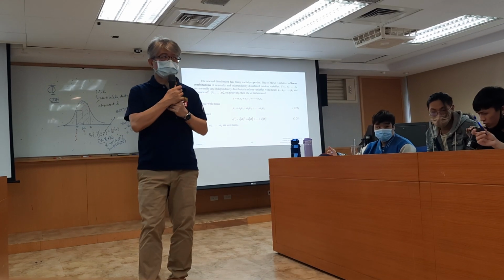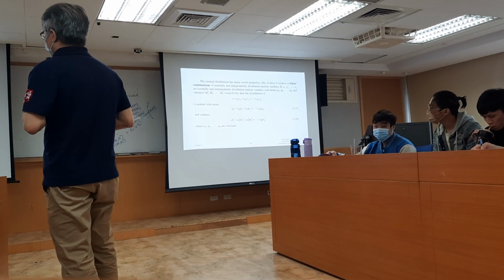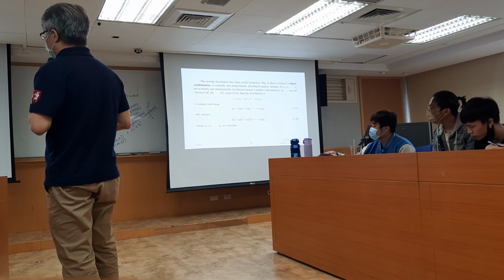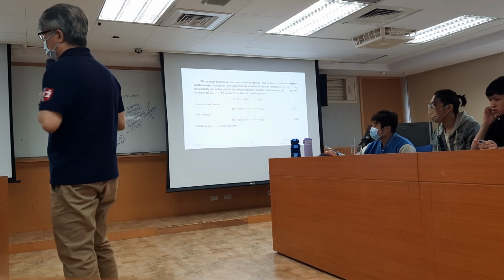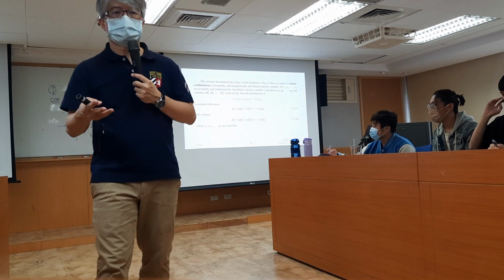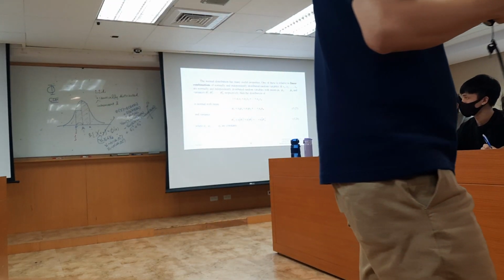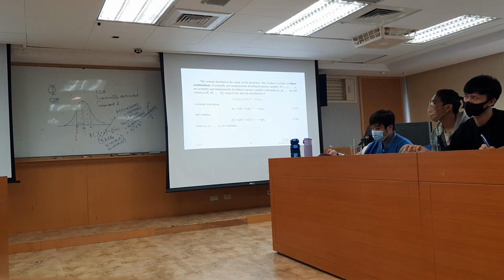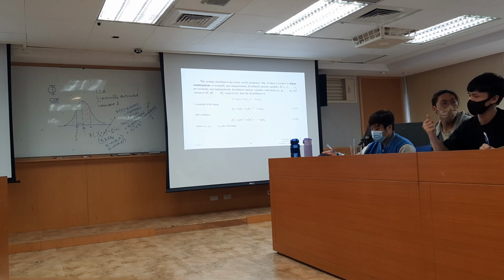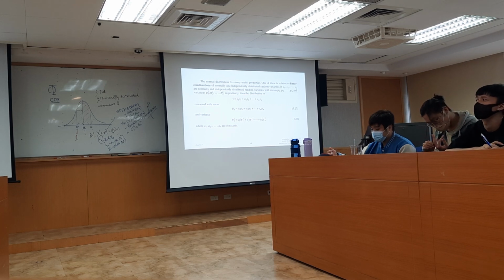So there is another property. a1 to an are constants, so the a1 needs to be squared. Why do we need to put a square on the constant in front? Why, gentlemen? Patricia, do you know the reason why?